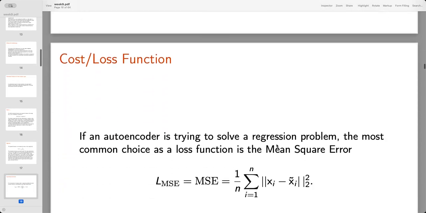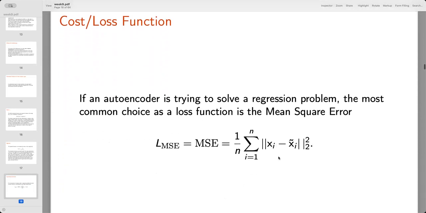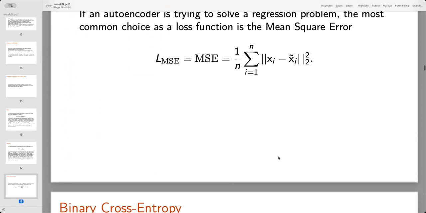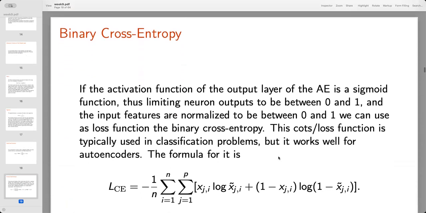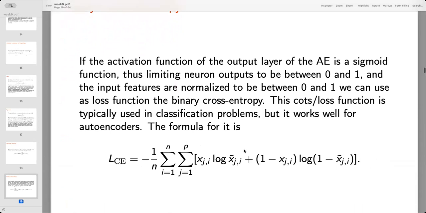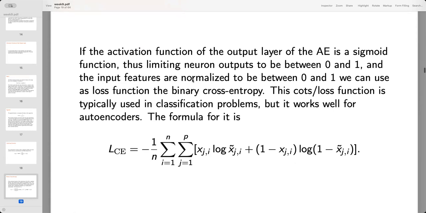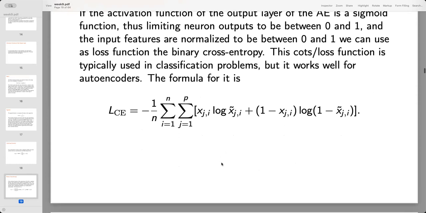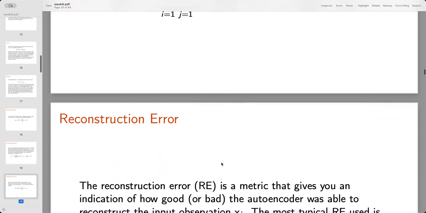Then, if you look at the cost-loss function, this is a pretty common one if you're dealing with a regression type of problem. And if you're dealing with a classification problem where you have either 0 and 1, a binary classification problem, you would have a sum over the data, a sum over the features, and these x_ij's would then correspond to the features as columns and i as the input variable or the data samples.